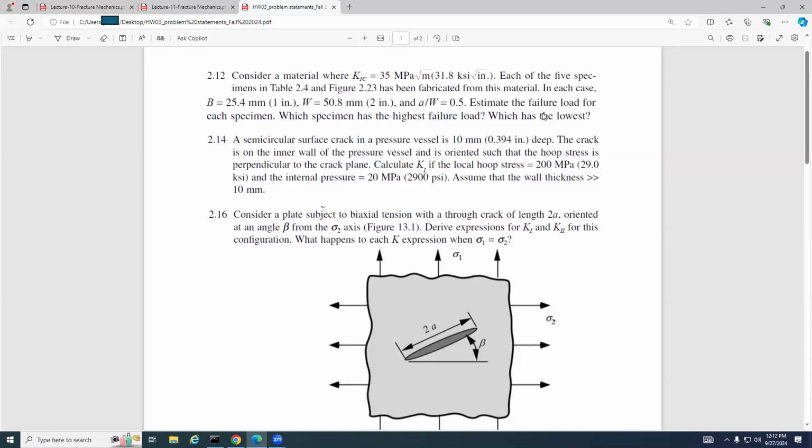So this is lambda_S. For this one, look at Figure 2.19.